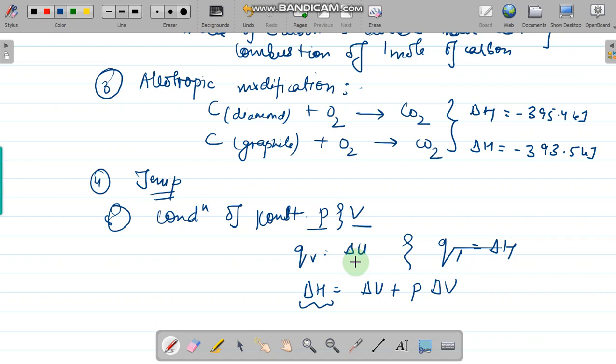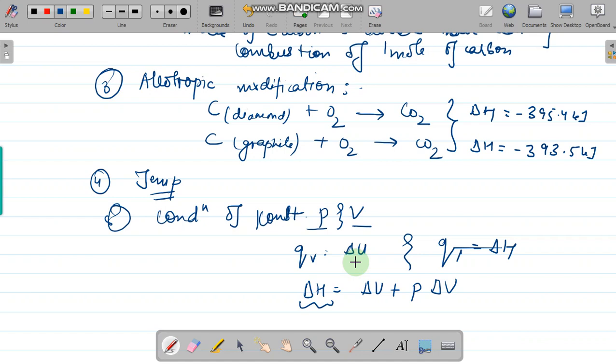Okay. Now, besides this, one more definition we have, that is the standard enthalpy of the reaction. When we talk about the standard enthalpy of a reaction, just remember the definition.